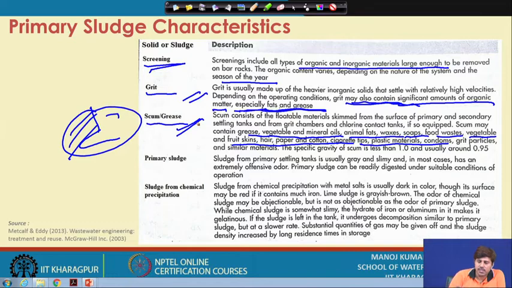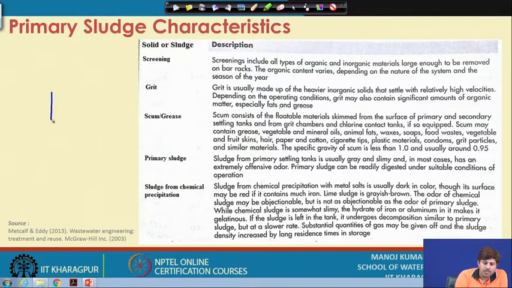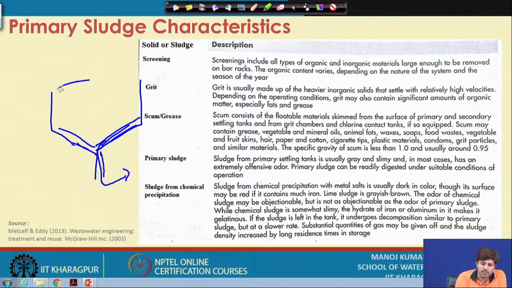But the difference is, let us say you have a primary sedimentation basin. The primary sludge will be collected from the bottom, whereas scum will be collected from the top.